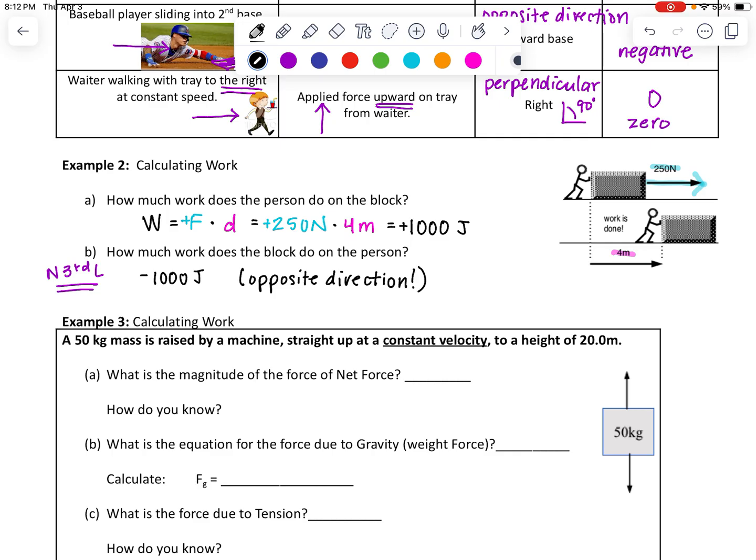The person is pushing the block to the right, and the block is exerting a force on the person to the left. Left is opposite of the motion of that block.